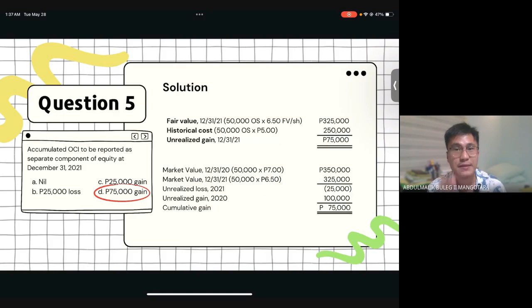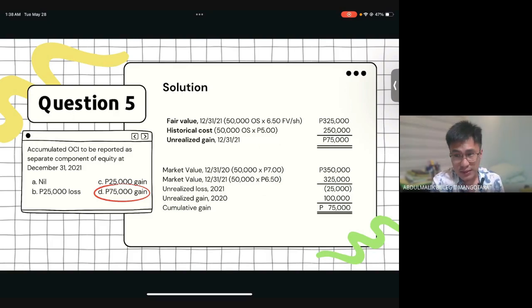To assess the impact on OCI, we also need to consider the market value at the end of the preceding year, December 31, 2020, which was 7 pesos per share or 350,000 in total. The unrealized gain for 2020 was 100,000 pesos, which is presented as a component of OCI in 2020 comprehensive income. How to get the 100,000 pesos?